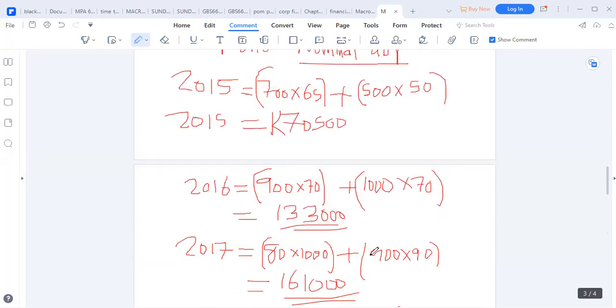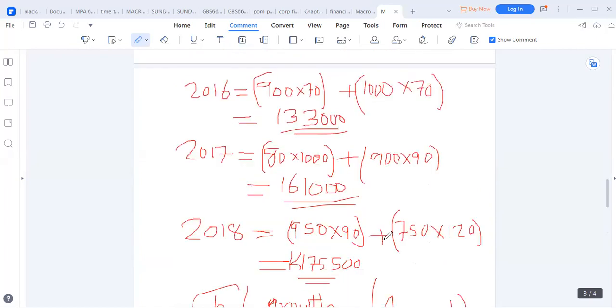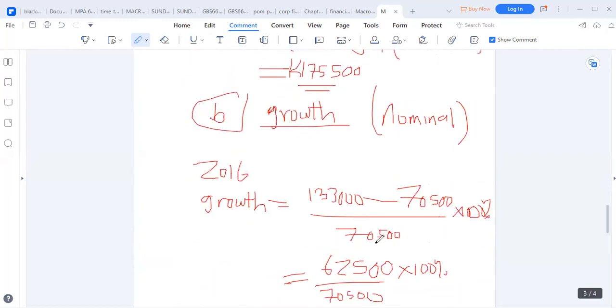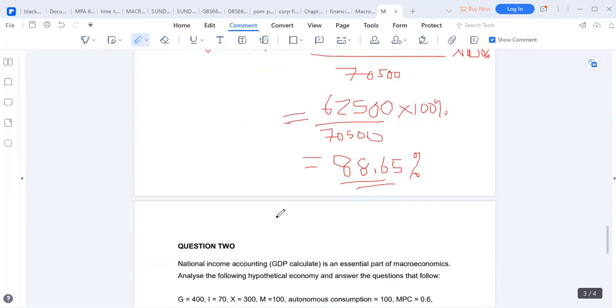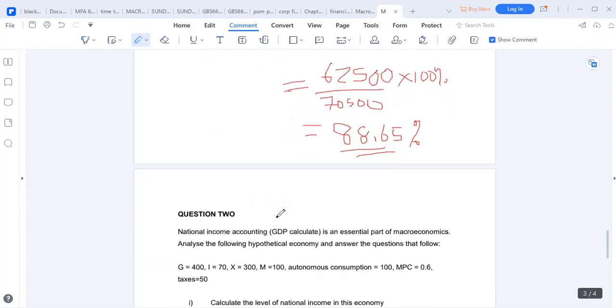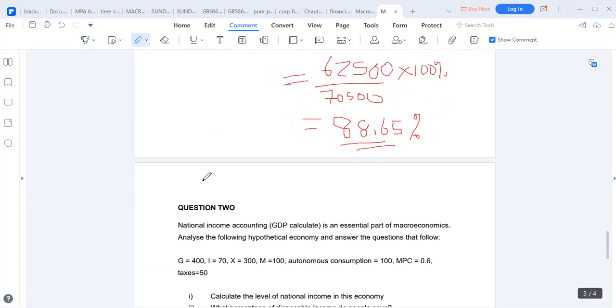Then the other one will be 161 minus 133.